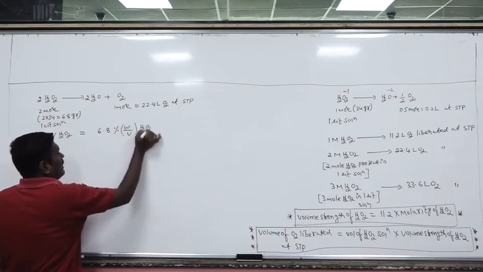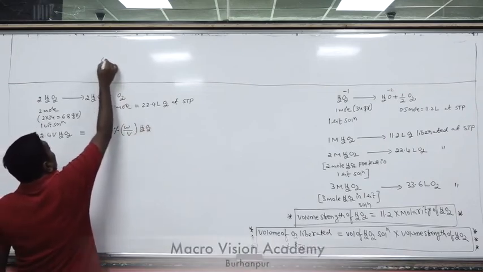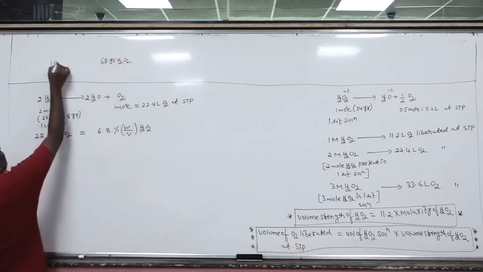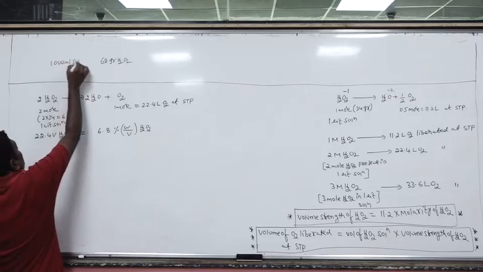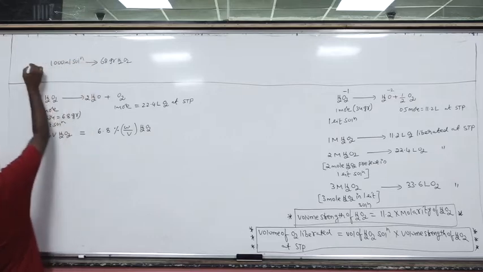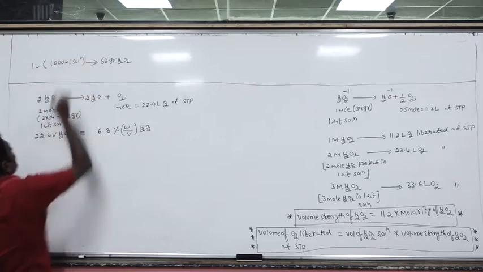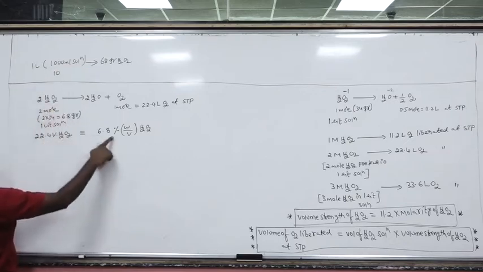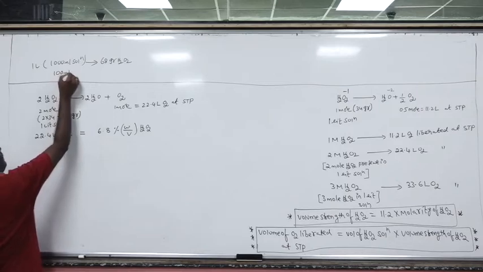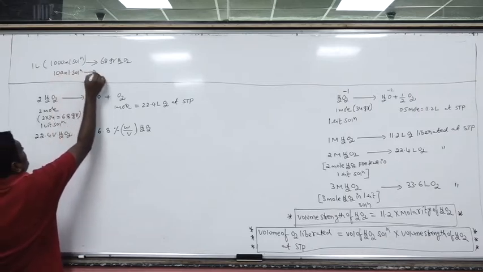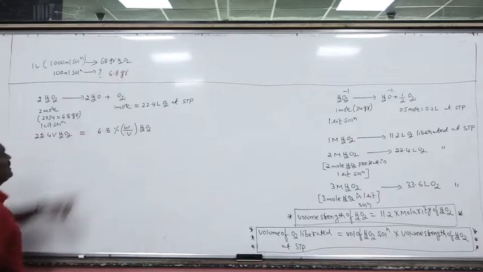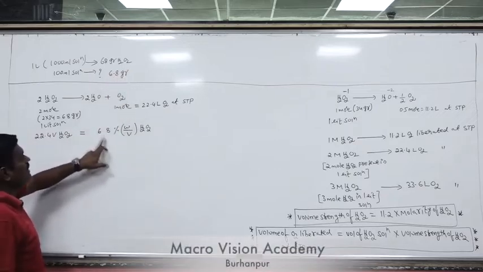Are you getting my point? 68 grams H2O2 present in 1000 ml solution. That is called 1 liter solution. Okay? Now, percentage is always calculated per 100 ml solution. In 100 ml solution, how much H2O2 will be present? 6.8 grams. So 6.8 grams in 100 ml solution.